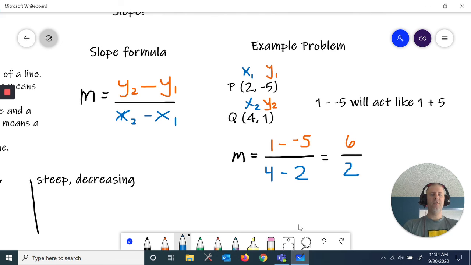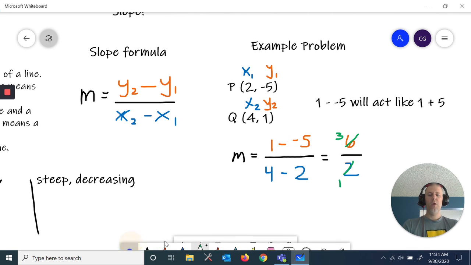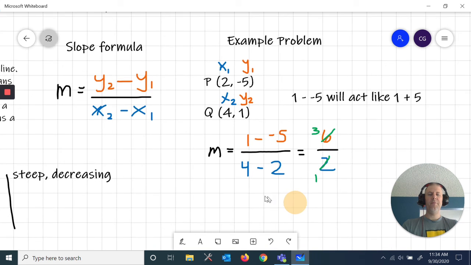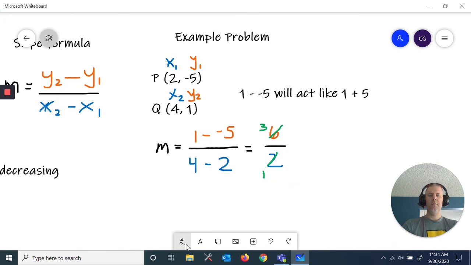And so my slope is 6 over 2. Since they both have a common factor of 2, I can cancel 2 from the bottom to make it 1, and I can divide the 6 by 2 to make it 3. Which leads me to my final solution of 3 over 1.